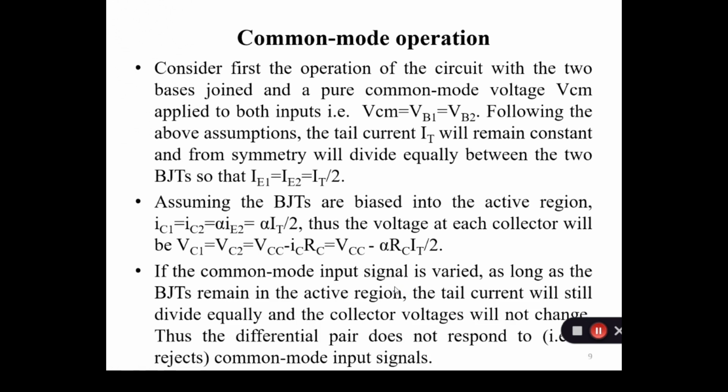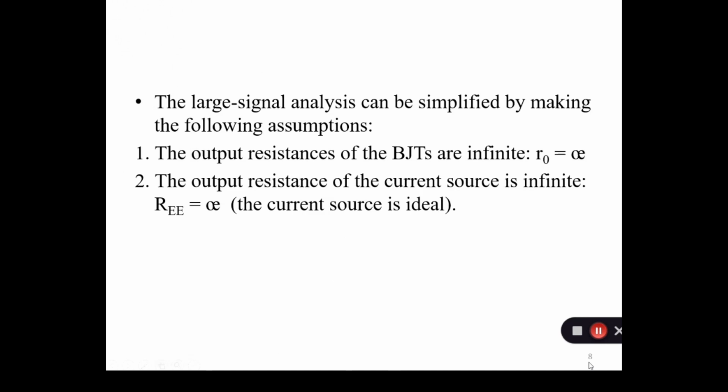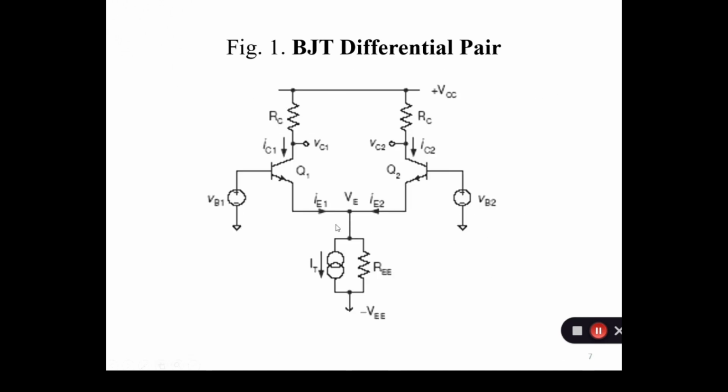After that we are discussing the common mode operation. Common mode operation means I am going back on the circuit. It is PPT number 9. This one. See, this transistor and these transistors are equivalent. RC is equivalent, so it means the left hand circuit is equal to the right hand circuit. So the current which is coming from this terminal, how much current is coming from this terminal or this section is IT.